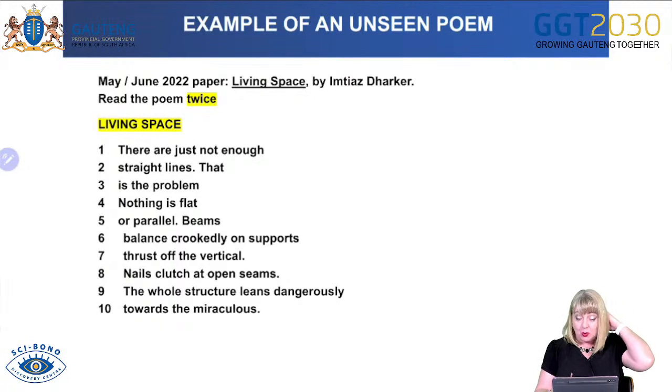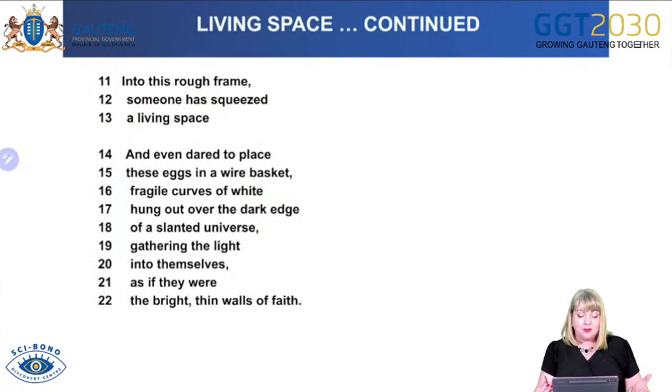So this poem is called Living Space. There are just not enough straight lines. That is the problem. Nothing is flat or parallel. Beams balance crookedly on supports thrust off the vertical. Nails clutch at open seams. The whole structure leans dangerously towards the miraculous.